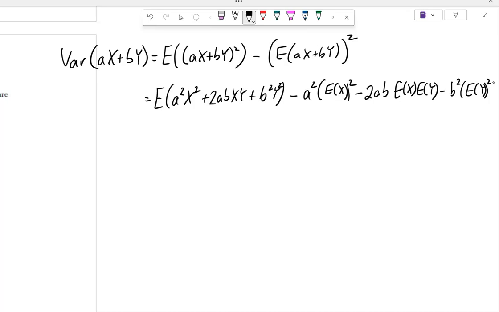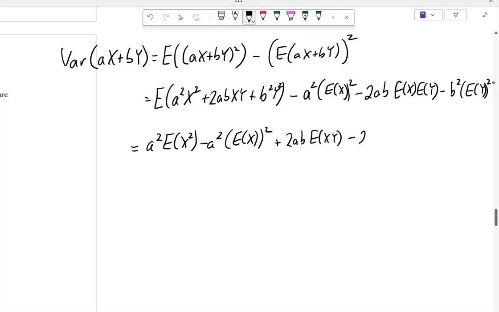Over here, same idea. I can break up the expected value and then pull out the constants. We've played with those before. So I would have a squared expected value of x squared. I'm going to move the other thing that has an a squared in it over with it. I've got a 2ab expected value of xy. I'm going to move the other piece that has a 2ab in it.